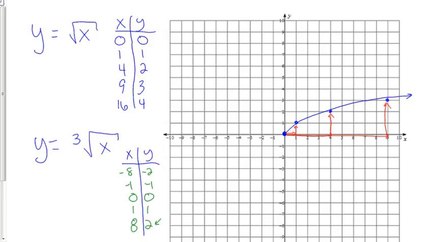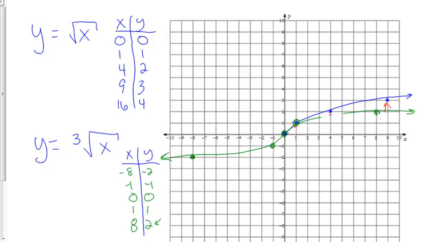So this graph looks like this. I'll make the dots a little bigger. So here's the next one, (8, 2), and then (-1, -1), and (-8, -2). So this graph looks like this. The pattern that I would like you to see for this is, let's get rid of this other pattern here first.